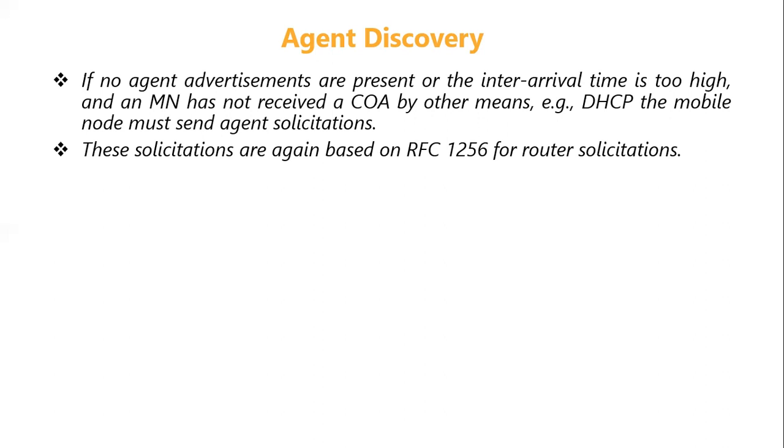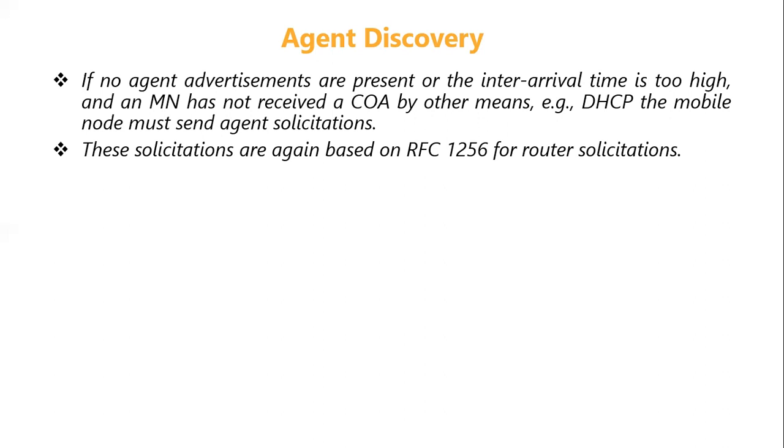If a node does not receive an answer for the solicitation message, then it must decrease the rate of solicitation exponentially. How frequently it gives solicitation should be reduced exponentially, until it reaches a maximum interval between solicitations.